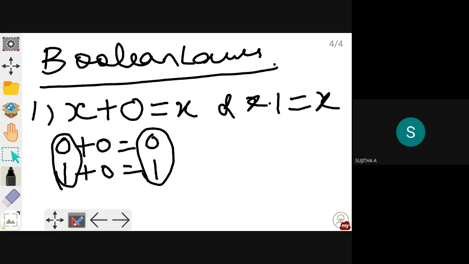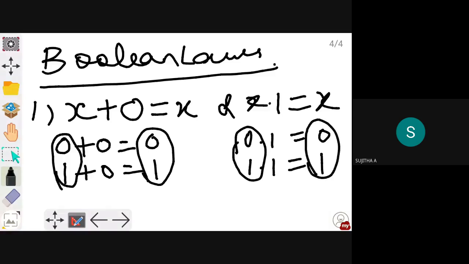Similarly, for x into 1, if you put x is equal to 0, 0 into 1 will give you 0 and 1 into 1 will give you 1. So whatever value of x, the output will be the same x. So the first law is x plus 0 is equal to x and x into 0 is equal, sorry, x into 1 is equal to x. So this is the first law.